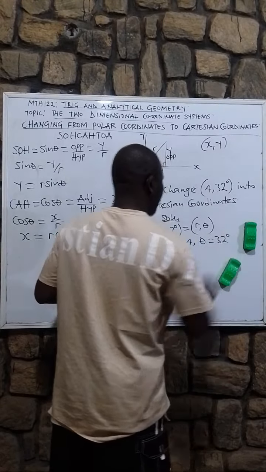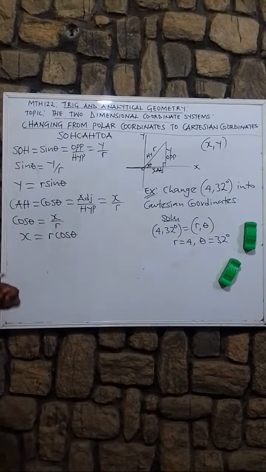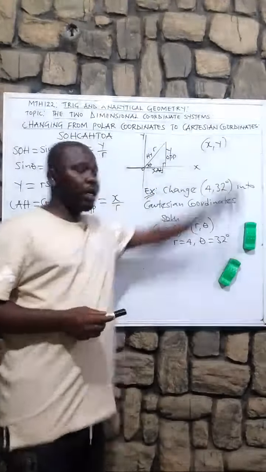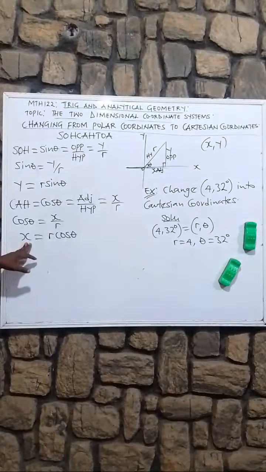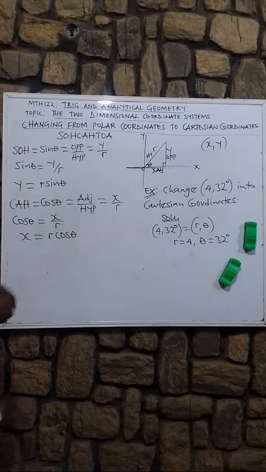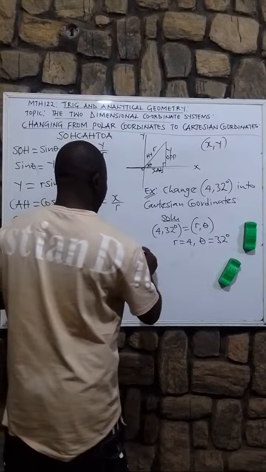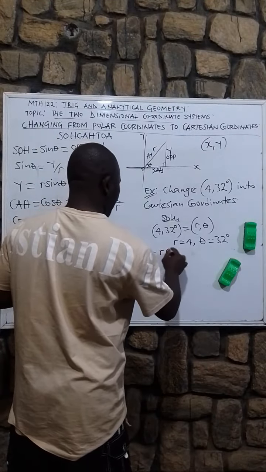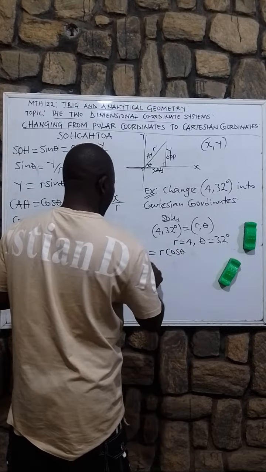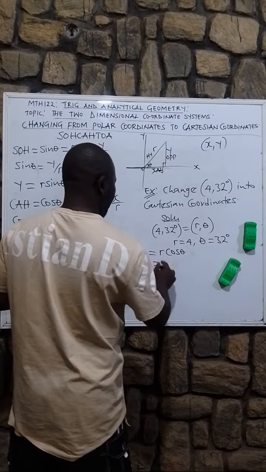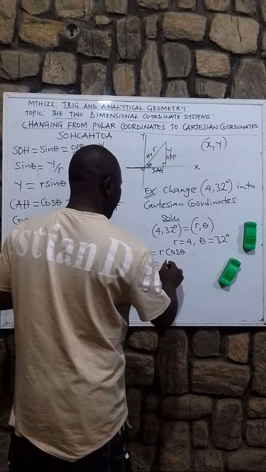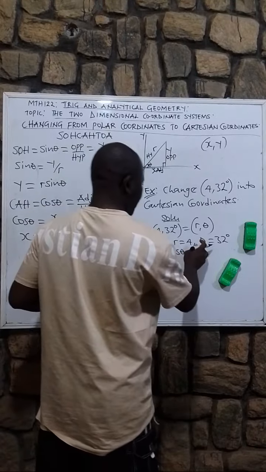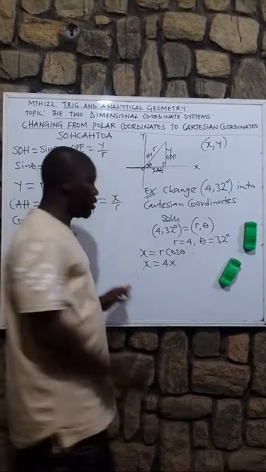So now, how can we obtain our x and y? By using this. To obtain our x, x is equal to r cos theta. What is our r? r is 4, times cos theta, theta is 32 degrees.